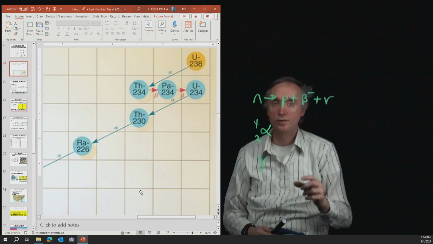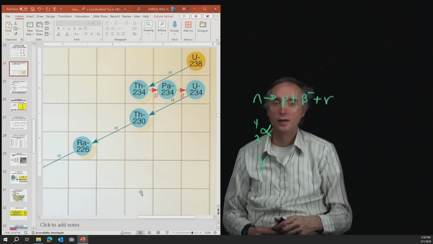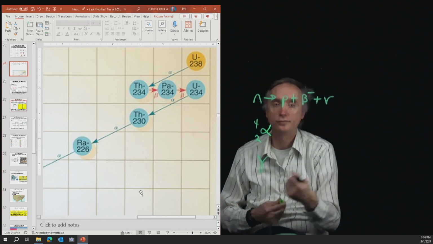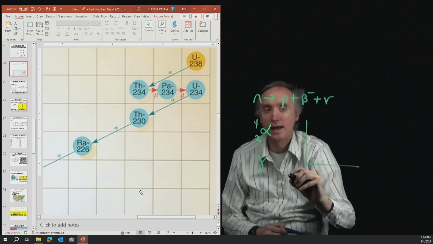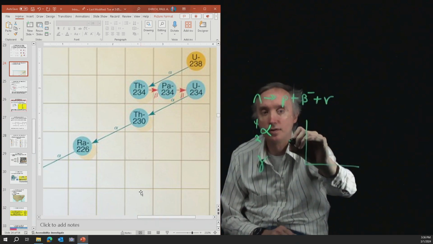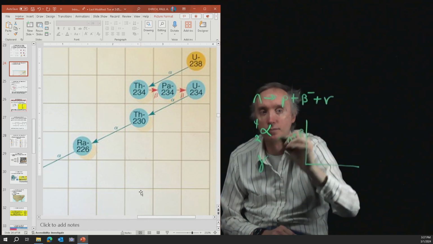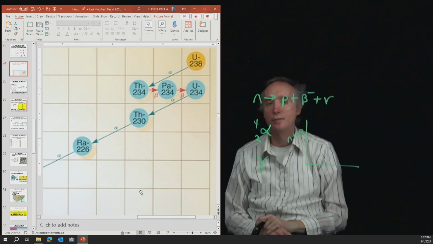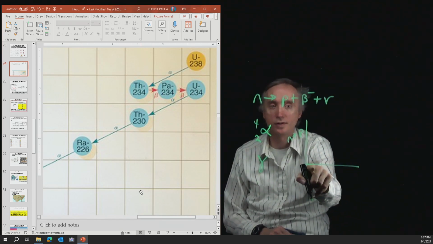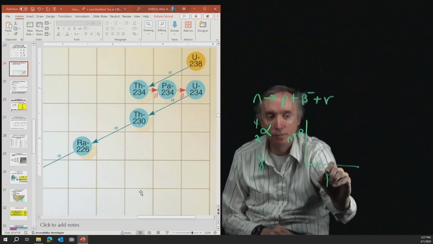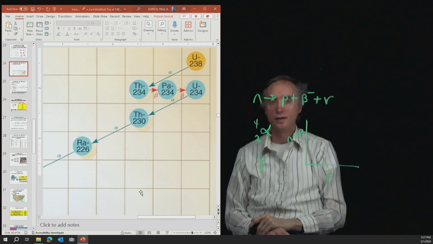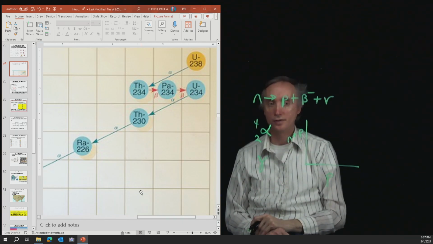On this graph, going up and down is going to be the mass number, so this is going to be the number of neutrons plus the number of protons in that particular nucleus. And then going sideways is going to be the atomic number, which is the number of protons in that particular nucleus.